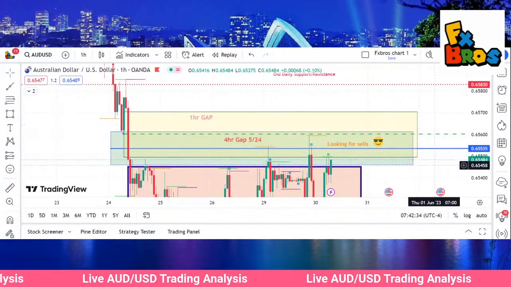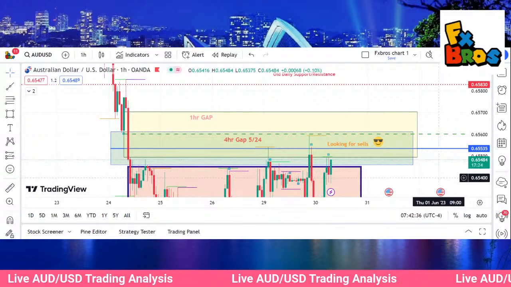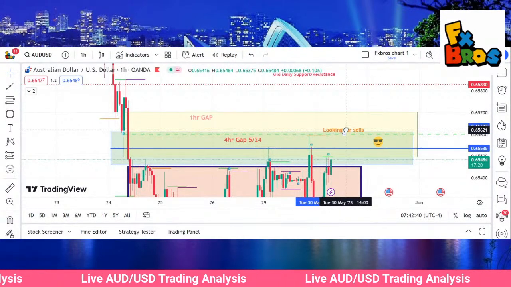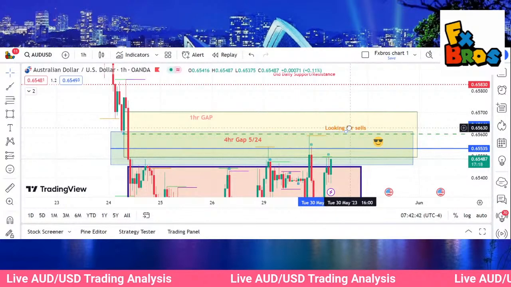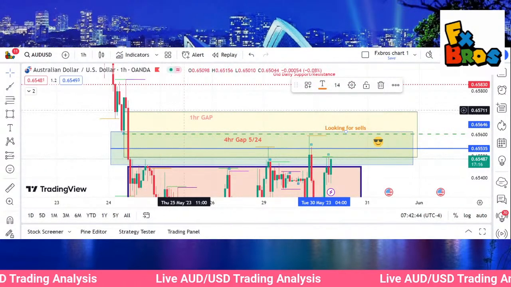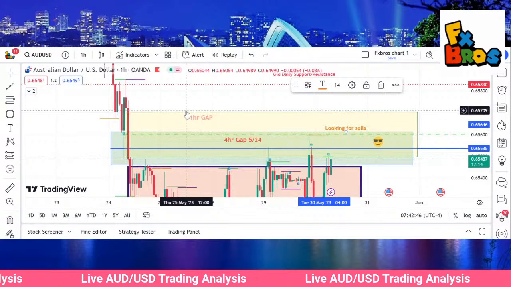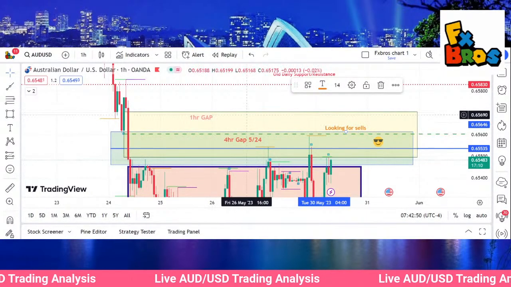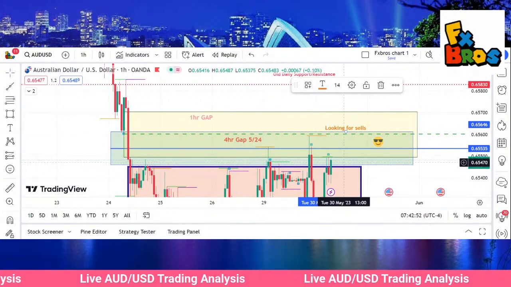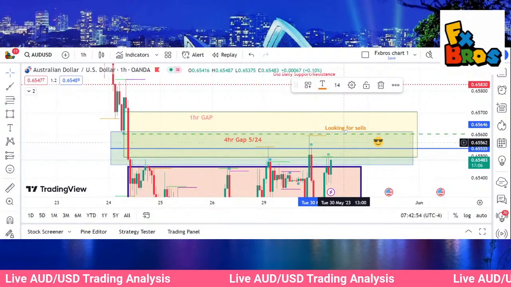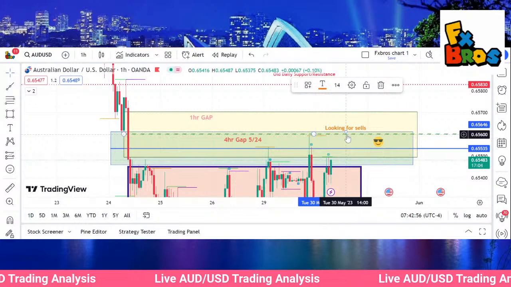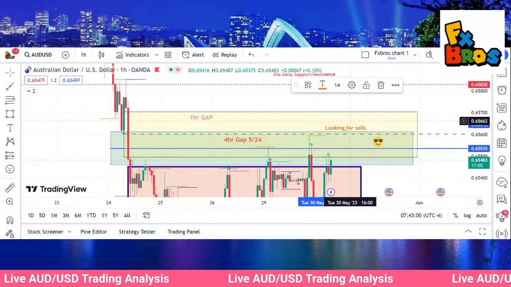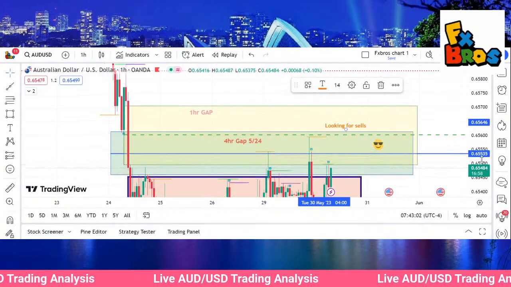There we go. So the next area that I'm expecting price to come up to, as long as we don't go above 65.70, as long as we don't get a close above there, I'm looking for the market probably to push as high as up here, 65.60, and try to look for closes above here to sell off if we can.